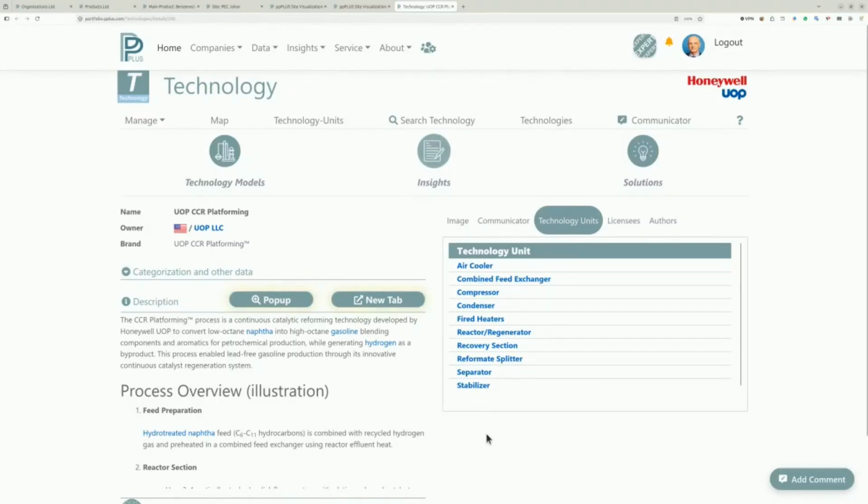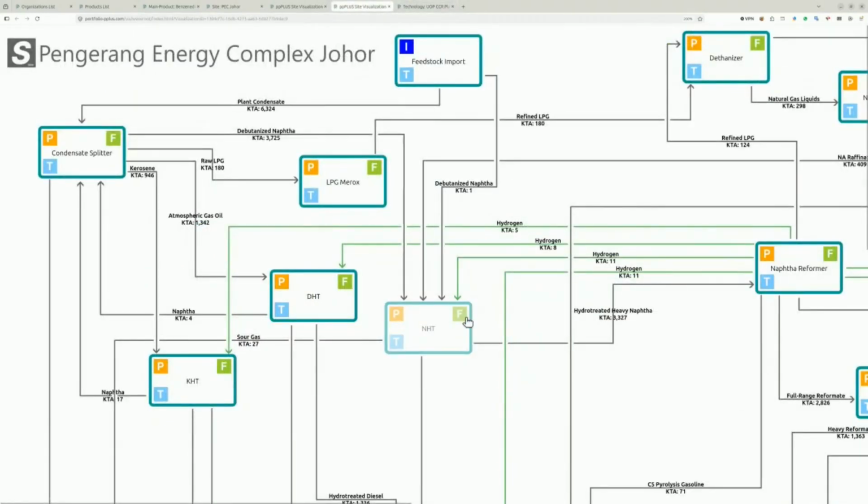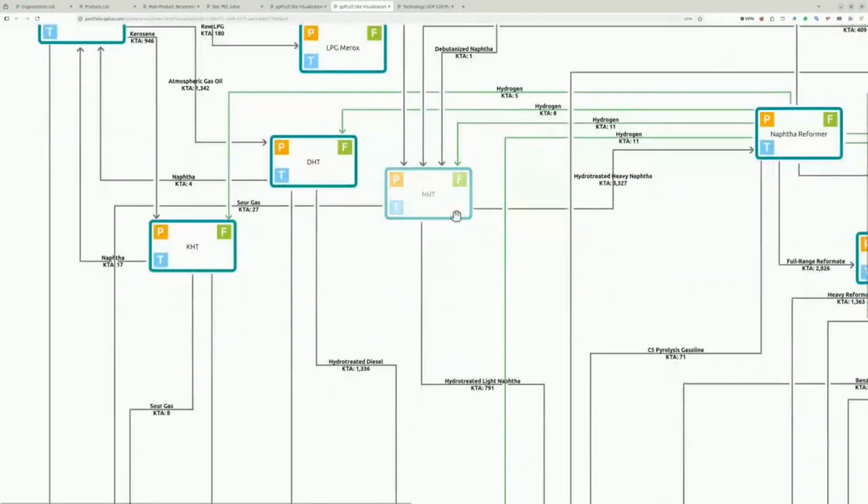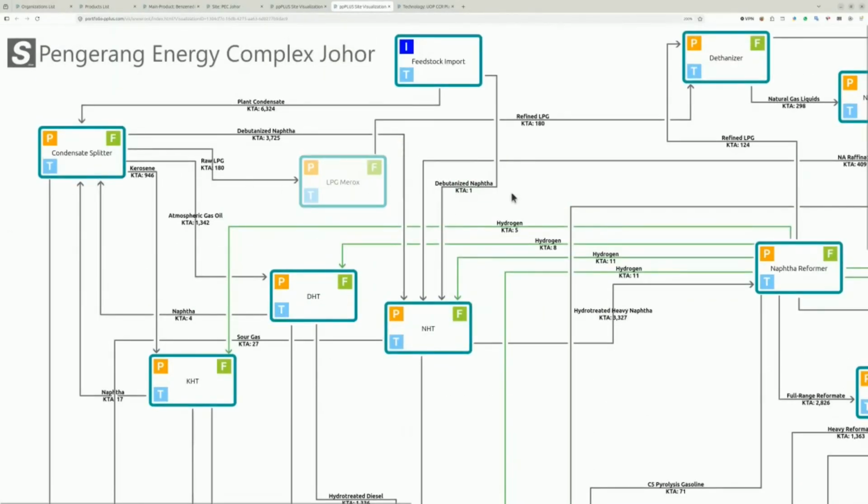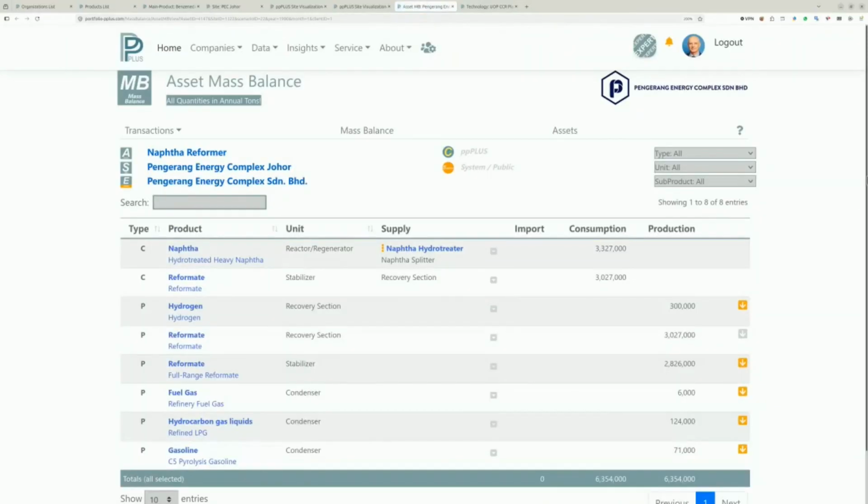In the end, if we have the information, we can produce a process flow diagram for the unit with all its pieces of equipment. And if you look at the product flows that go through the reformer, I can look at the flows.